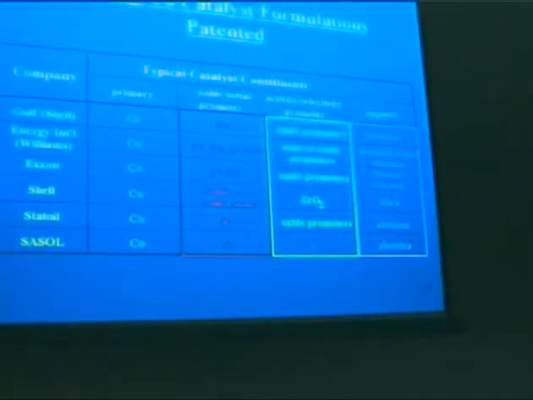Now, there are a lot of other patents besides the ones I'm listing here, but this captures where most of the commercial development has gone and what seems to work a lot. And of course, this is geared towards making transportation fuels, diesel fuel. There are, of course, others like the IFP patent, cobalt, copper, zinc oxide, where we try to make higher alcohols and other things that go off in other directions.